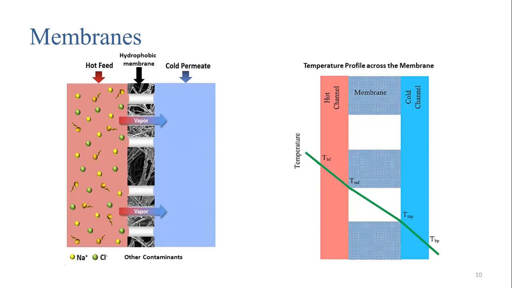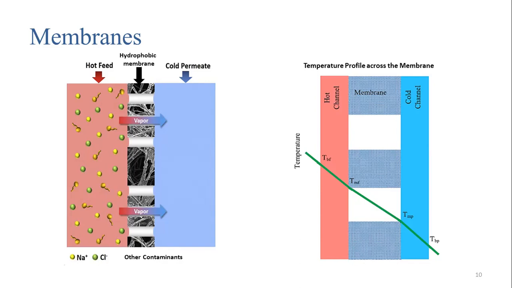So even water is not able to enter the membrane due to a property that is called hydrophobicity. We're going to talk about that. But mainly this membrane is designed only to allow vapor to enter. So when vapor enters the cold permeate, it will condense and be collected.